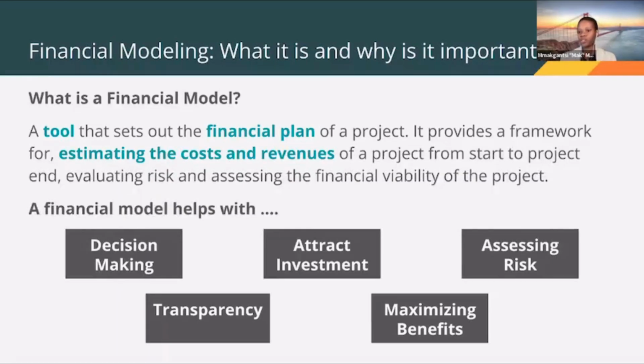Or cost overruns: what are you going to do in the case where you might have cost overruns? You can think about mitigating factors like insurance. Do you want to get business interruption insurance, and what does that look like for the outputs for your projects? Another really important factor around the financial model is that it allows for transparency.